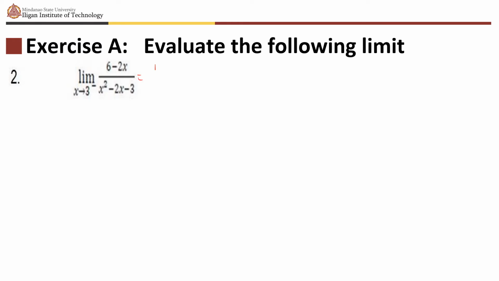Because you can factor that, you can have the limit now of 2 times 3 minus x, so we factor out 2, as x approaches 3 from the left, all over, factoring x squared minus 2x minus 3, x minus 3 times x plus 1.